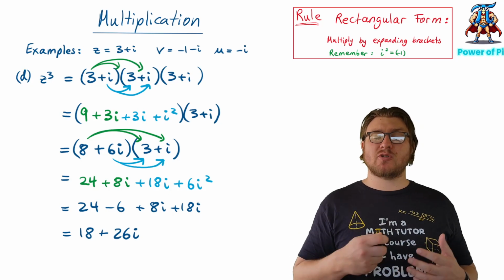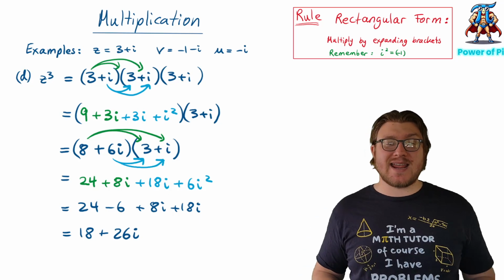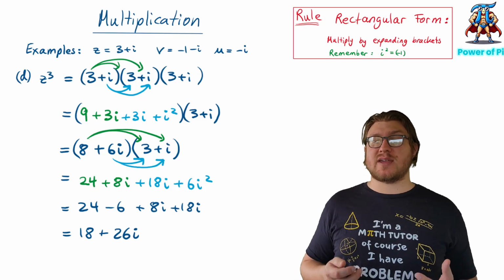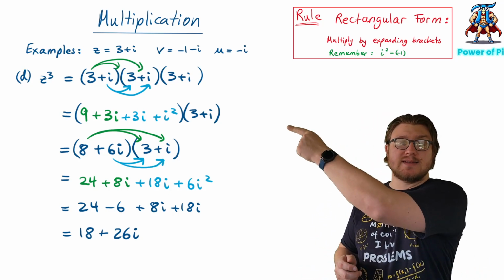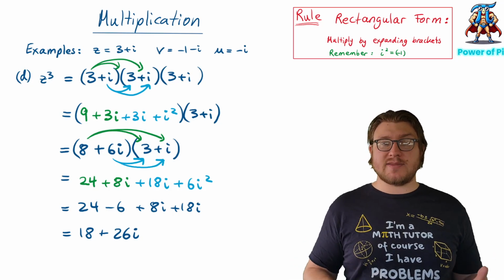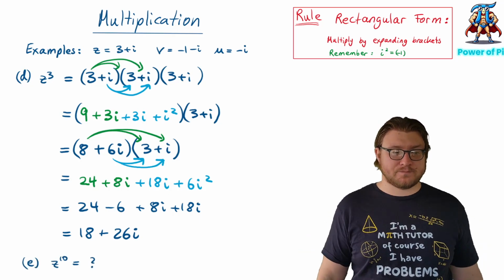Making sure that we get negatives correct, making sure that we replace the i squared with -1, making sure we put like terms together, the 3i and the 3i in this step. So there's lots of room for error. So make sure that you're expanding these calmly, nicely, one by one.